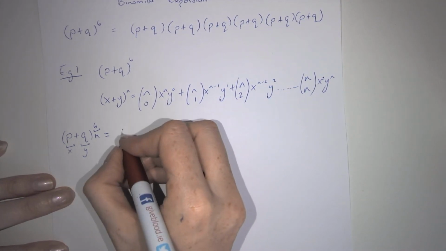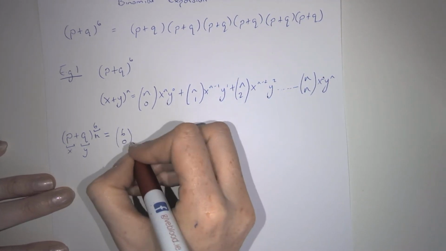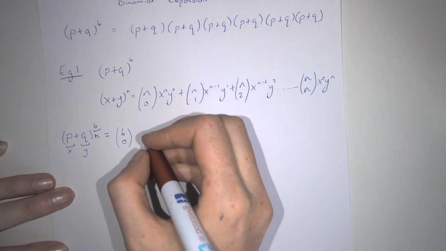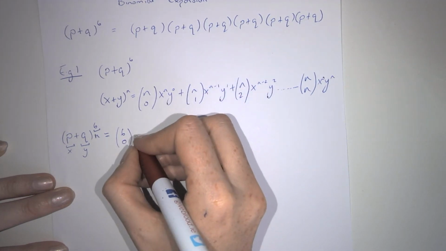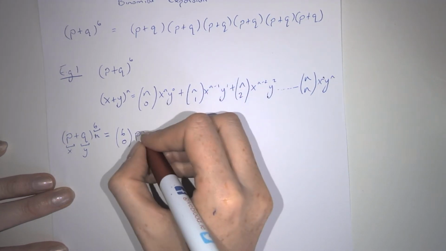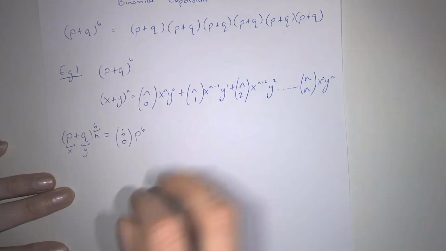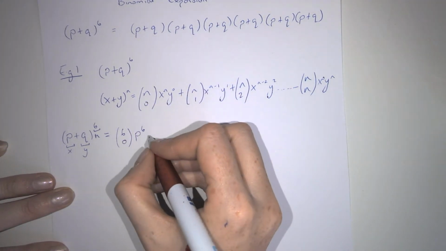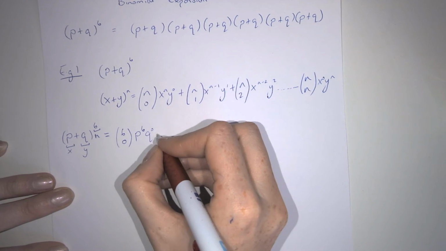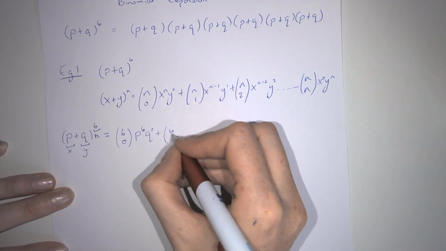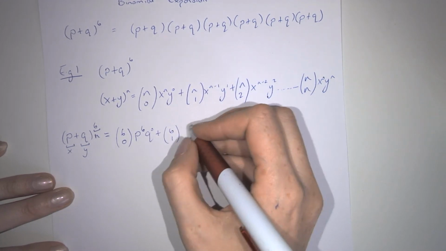So we've got 6C0, and then we've got x to the n, so it's p to the 6, because n is 6, and y, which is q to the 0, plus 6C1.